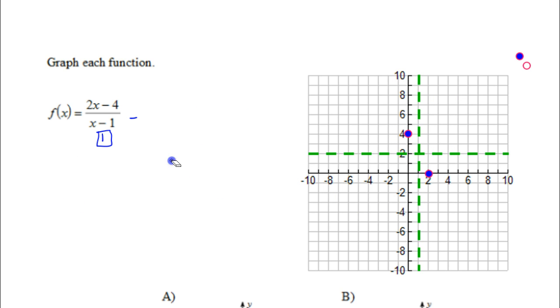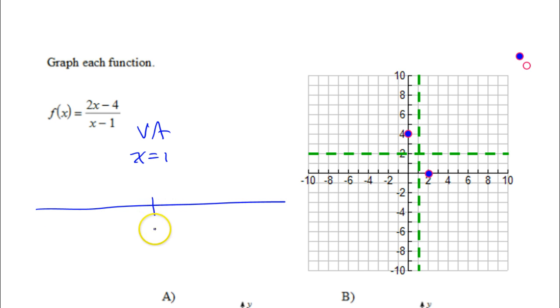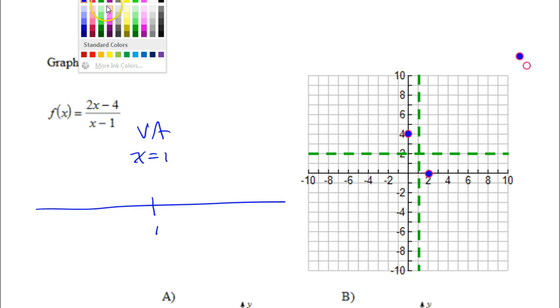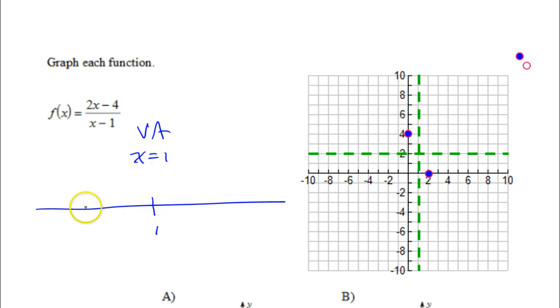Okay, now let's plot some additional points to get a better picture of what we have. You can plot additional points by looking at the vertical asymptote. So remember, we had a vertical asymptote of x equals 1, as you can see. So if you were to put 1 on a number line, we're going to get 4 values to graph by doing this. We're going to go to the left and to the right of 1. So that's going to give me 0 and 2.